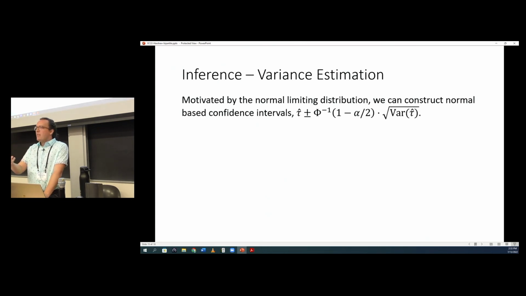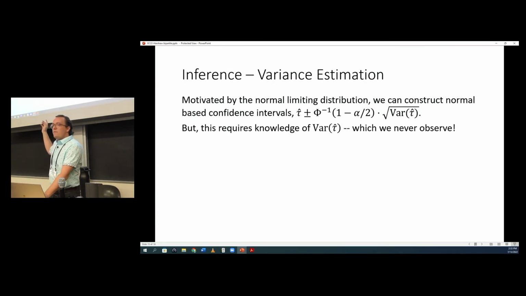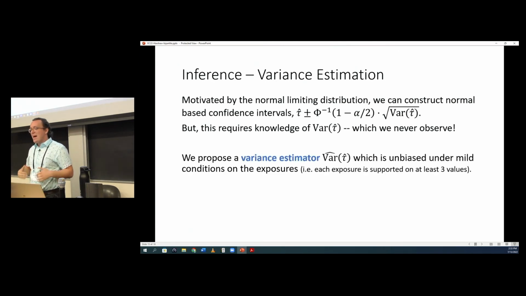Now, motivated by the normal limiting distribution, we can construct normal-based confidence intervals in the usual way, or we would like to. The problem is that we need to know the variance of our estimator. And this is something that if we run the experiment once, we can't know. It depends on all of the outcomes. So we have to estimate it. And this is called a variance estimator. And we derive one which is unbiased under mild conditions on the exposures.